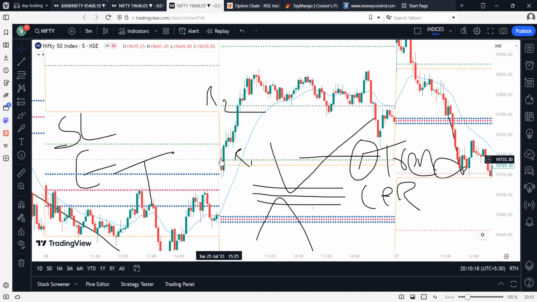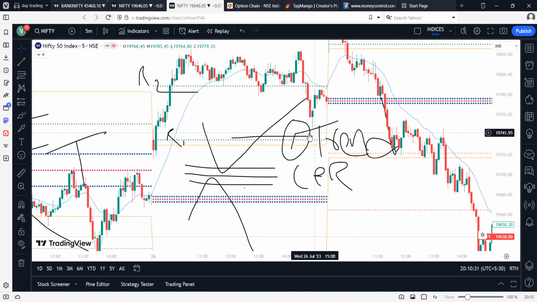Now, when it closes above this one, there is a confirmation that the trend has changed. When that happens and throughout the day the price stays above the R1 and closes above the R1, then the trend has changed from downtrend to uptrend. If you don't understand this, please go back and listen, or I'll tell you again here.